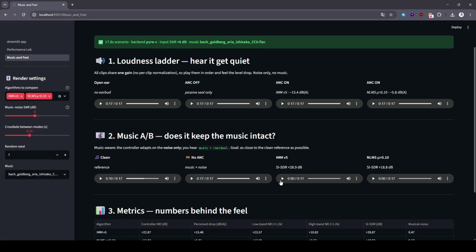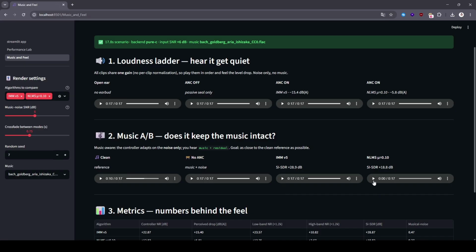And now with the IMM. A much, much smoother experience.